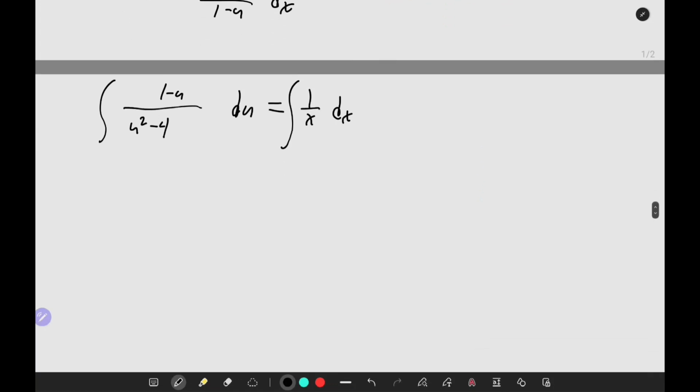So I'm going to rewrite the left side. So we have 1 minus u. This is something you should have learned in Calc 2, right?